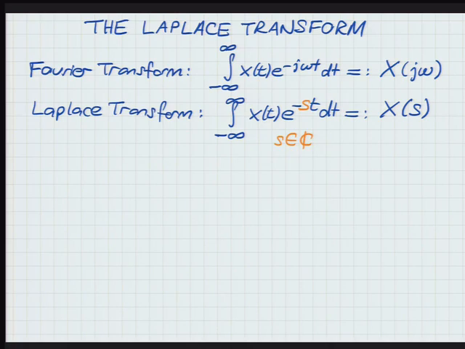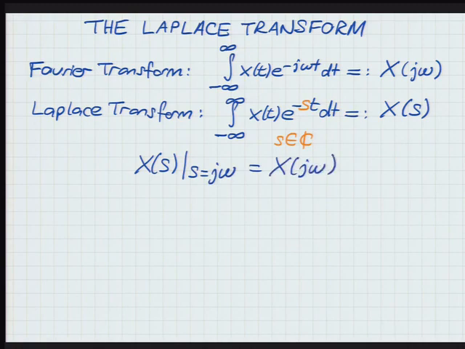All right. So when you look at these two expressions, they look alike. And you should see a way to recover the Fourier transform from the Laplace transform. What would you do? Yeah, just substitute s equals, just drop the real part. S has a real part and imaginary part. If I choose s to be j omega, which means it's purely imaginary, then you're going to get X of j omega, right?